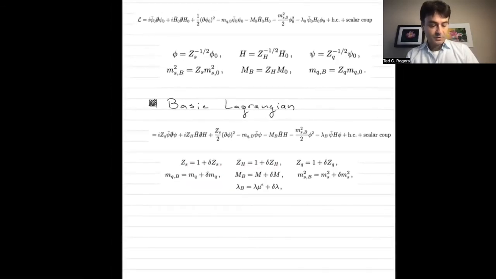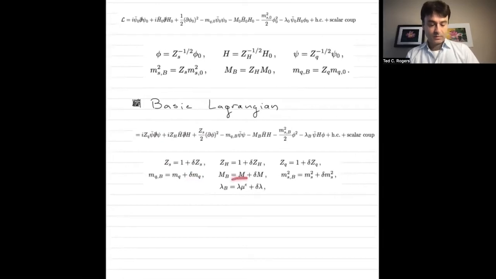The basic Lagrangian we can then split into something we'll just call M_Q. This is the M that we'll work with when we're calculating Feynman graphs, plus a delta M. Same for the other masses.